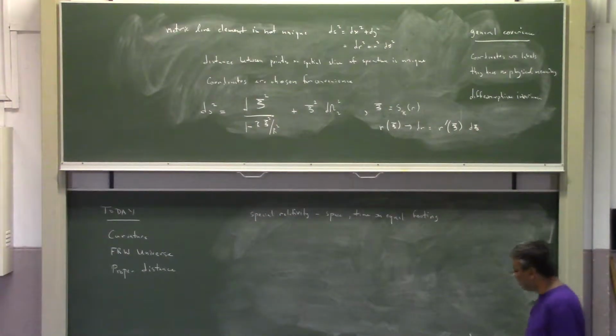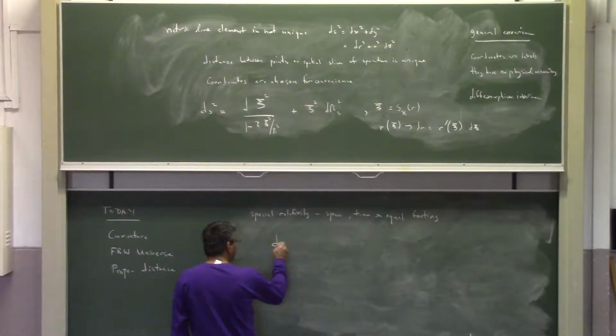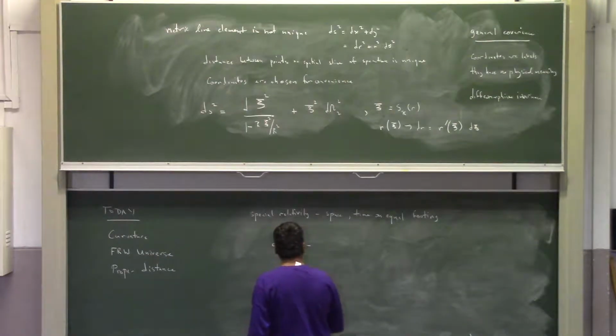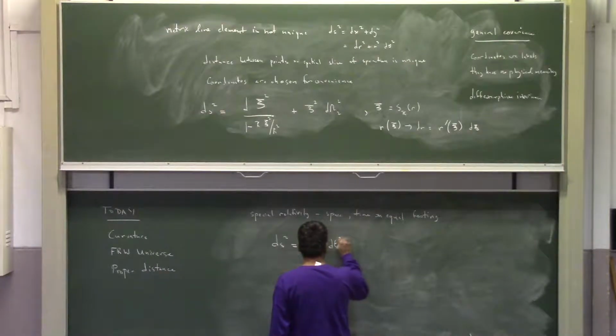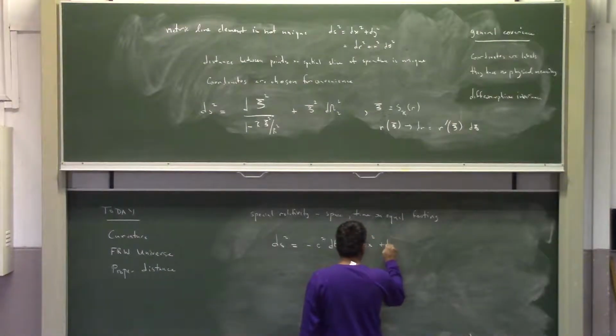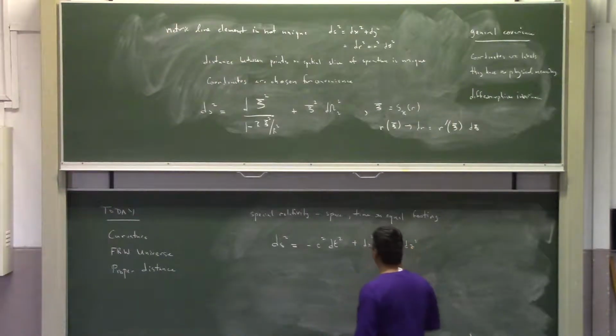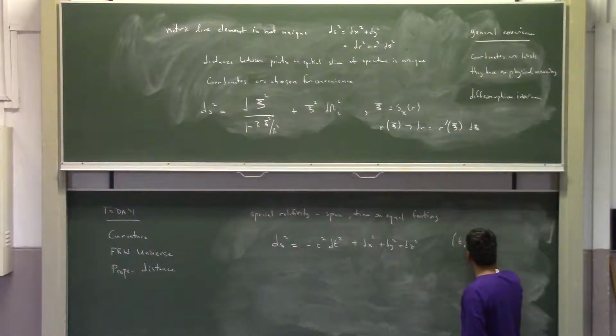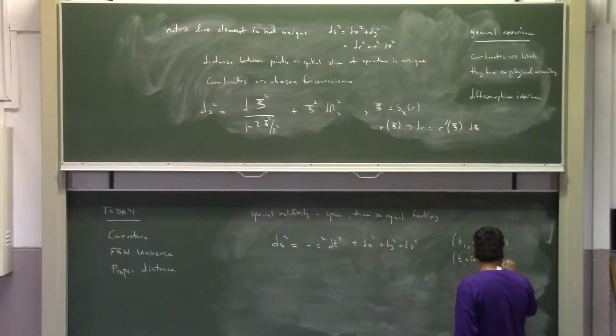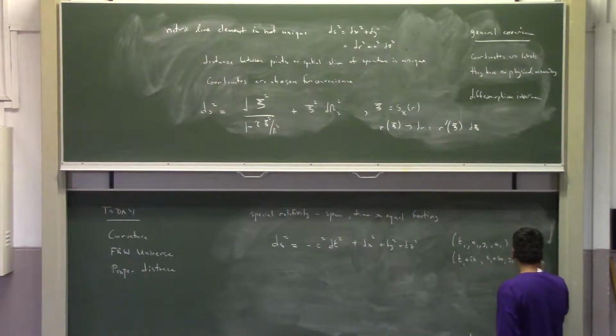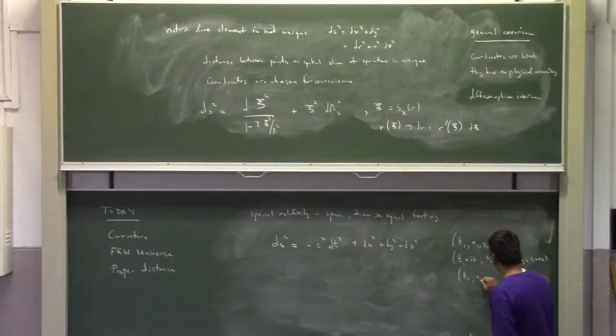And the fact that they are different things is reflected in the metric line element in ordinary flat space. Measuring the distance between 2 points in space-time, t1, x1, y1, z1, and t1 plus delta t, x1 plus delta x, y1 plus delta y, z1 plus delta z, which we'll call t2, x2, y2, and z2.